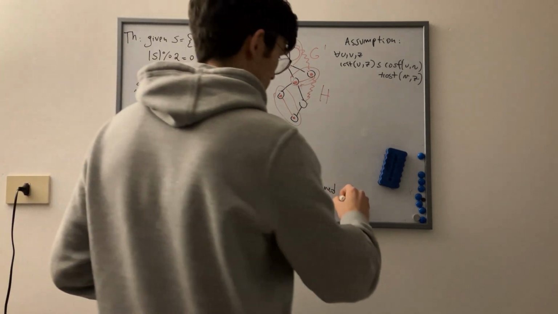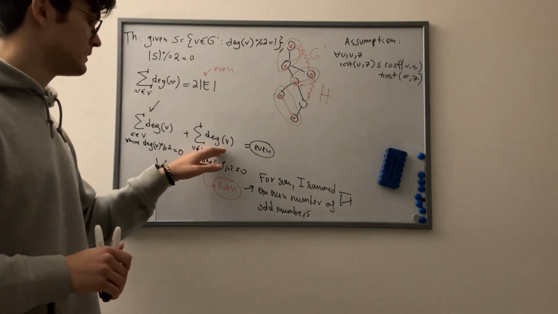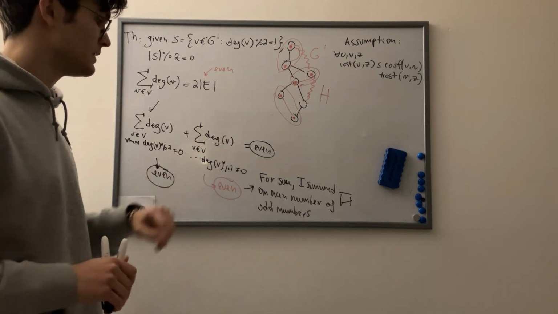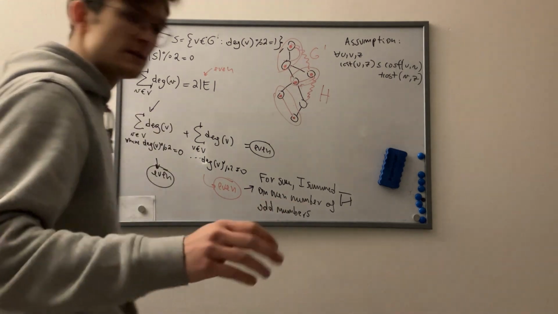And this is what we wanted to prove. So we proved that the number of nodes with an odd degree is an even number. Okay, so that's it.